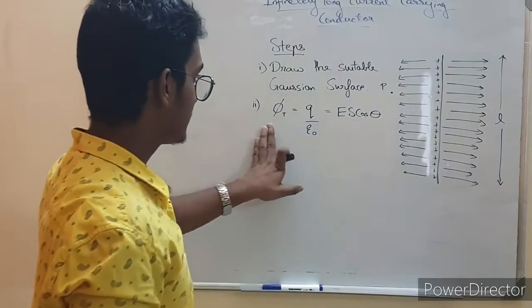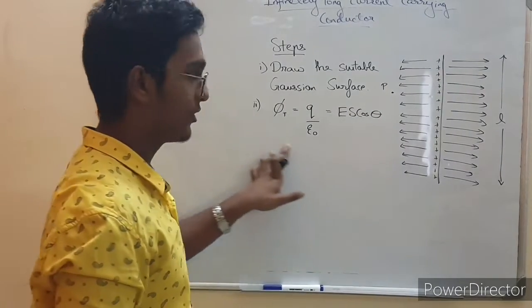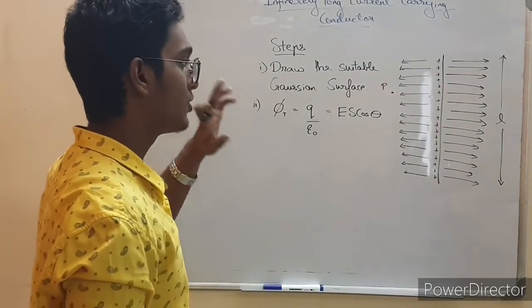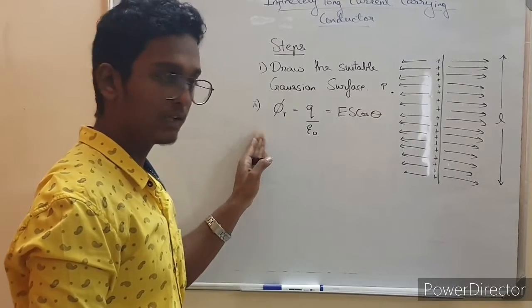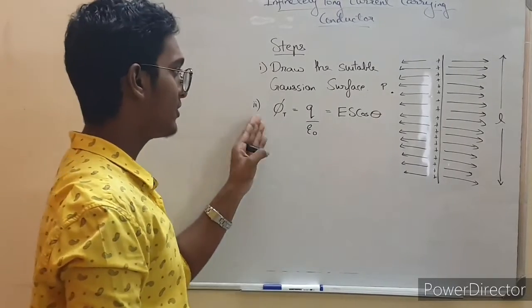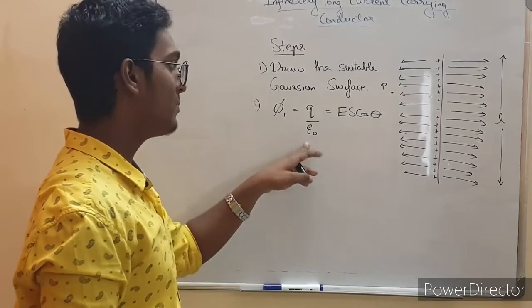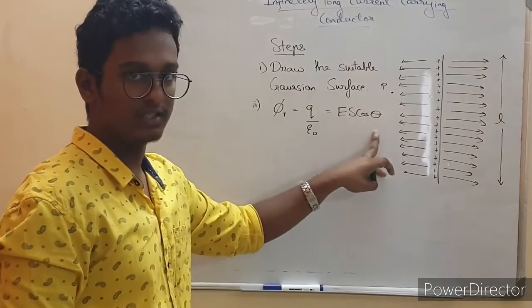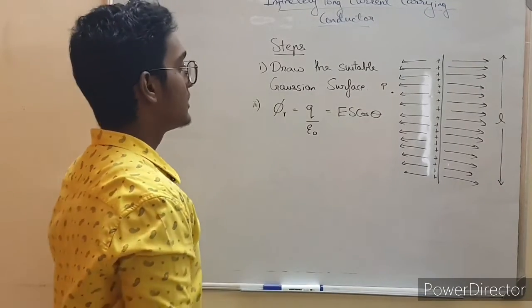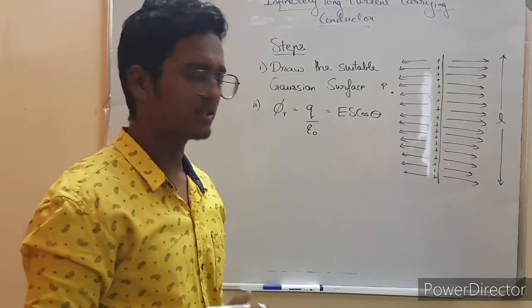This is the equation you must use for any of these problems. You first find the total flux through the Gaussian surface. After that, you equate it to Q by epsilon naught, and we'll see how to do this. So these are the basic two steps, that's it.